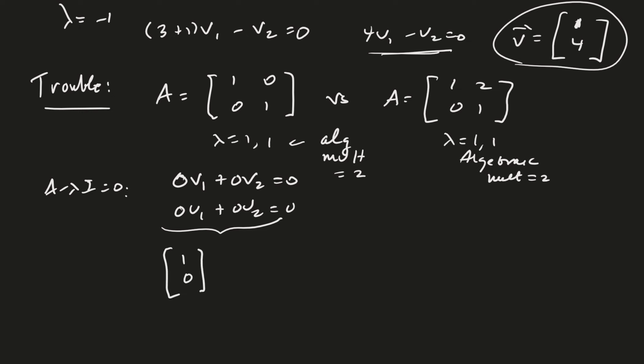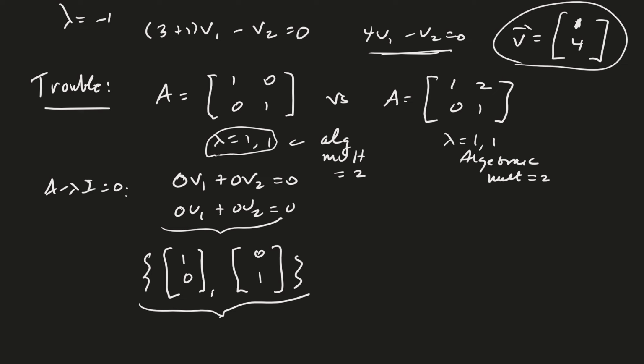And so you could just choose the standard basis vectors for all of R2. You can think of this as a double eigenvalue, and we also got a double eigenvector, or two eigenvectors that are linearly independent. So this is the geometric multiplicity, geometric multiplicity equals 2, but that's not always going to be the case if you have algebraic multiplicity greater than 1.